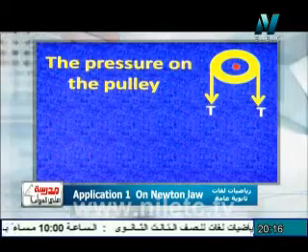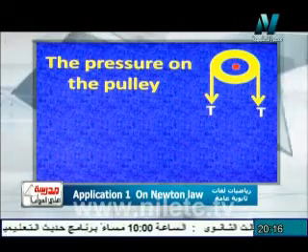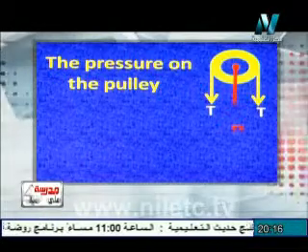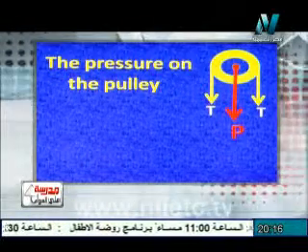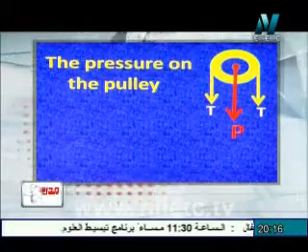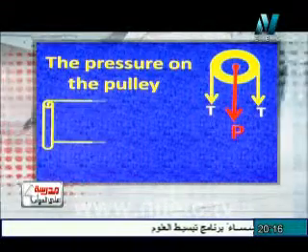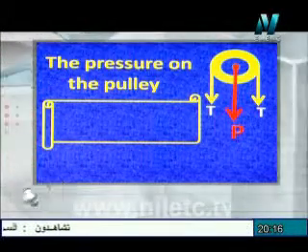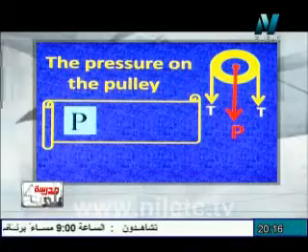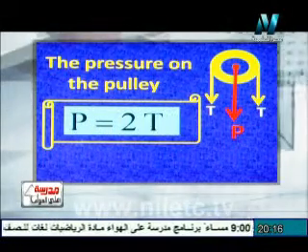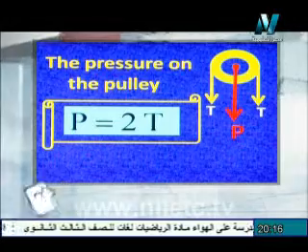Therefore, the pressure on the pulley P is equal to what? 2T. T plus T, it is equal to 2T. Then P equals 2T. This is the pressure on the pulley. Okay. نروح للريماركس بقى.